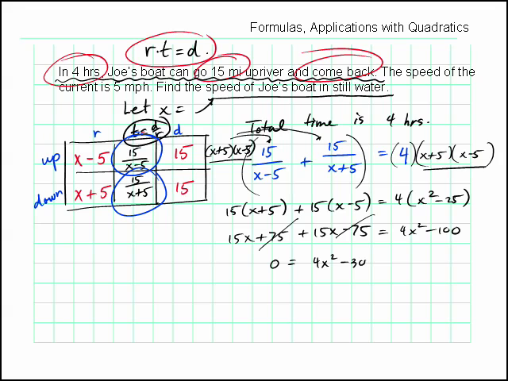Minus 30x minus 100. To make those numbers a little smaller, I could divide everything by 2. Divide by 2, and both sides actually. And I end up with 0 equals 2x squared minus 15x minus 50.